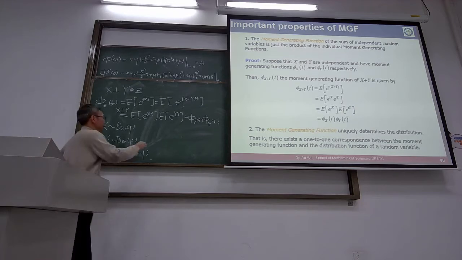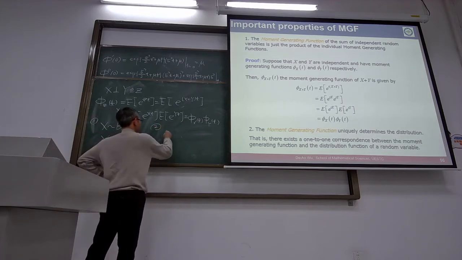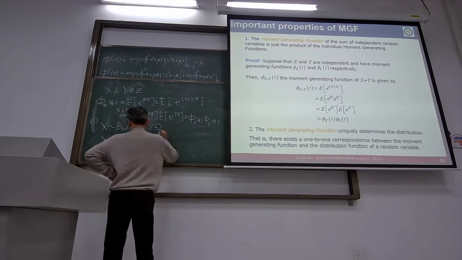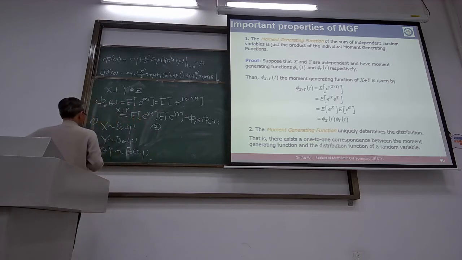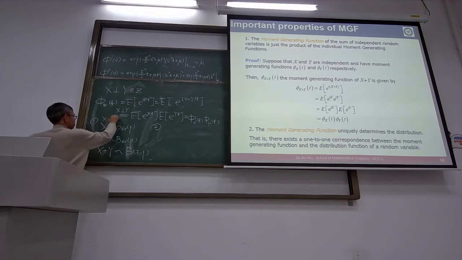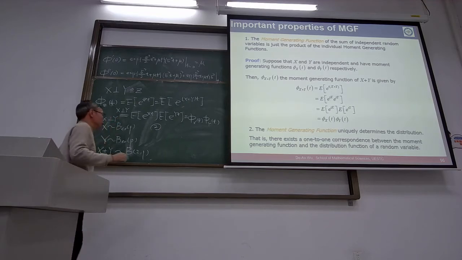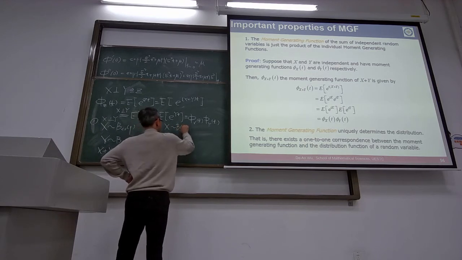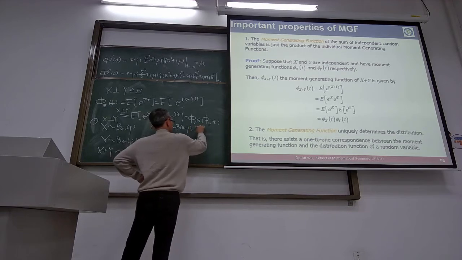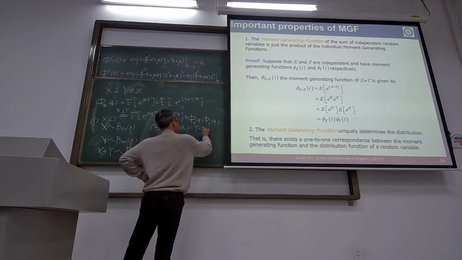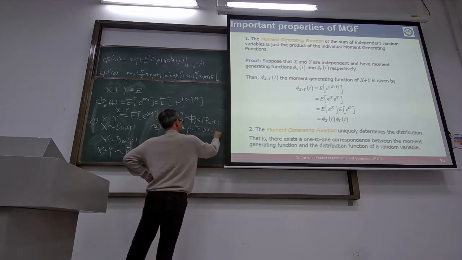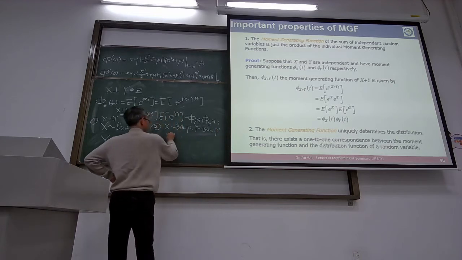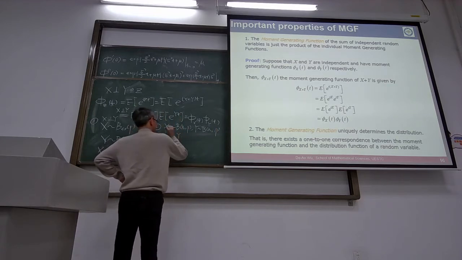The second case: X follows binomial, Y follows binomial, and X and Y are independent.